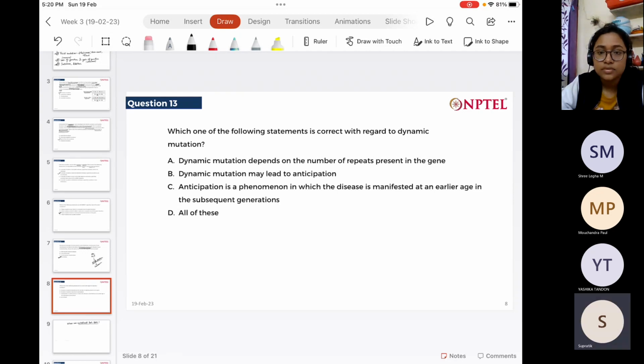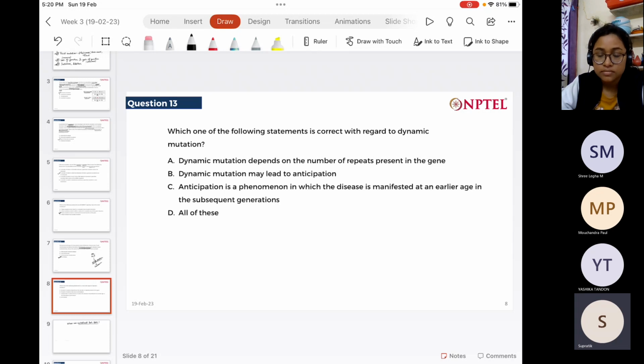The severity of the disease is inversely correlated with the age of onset of disease. So if some individual is showing disease at 60 years of age, in their successive generation, that disease will appear at least 10-15 years earlier.